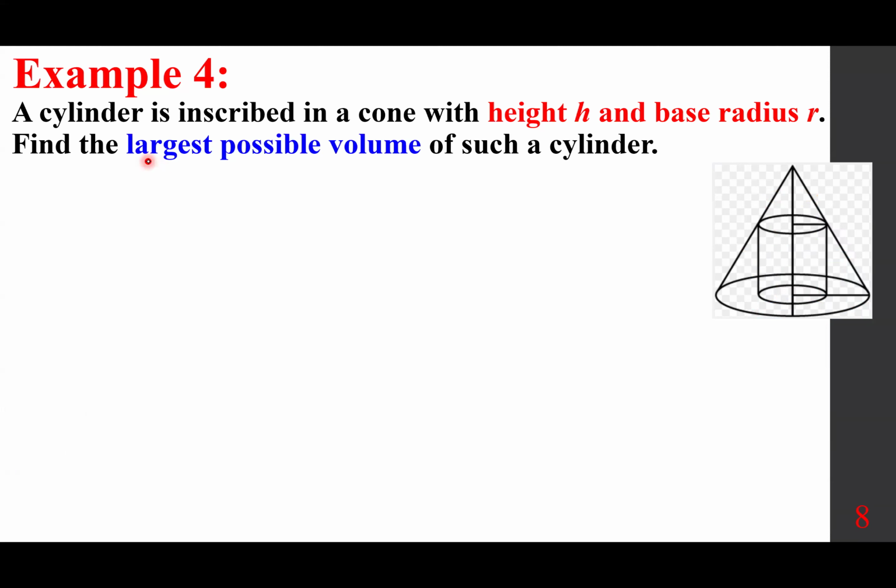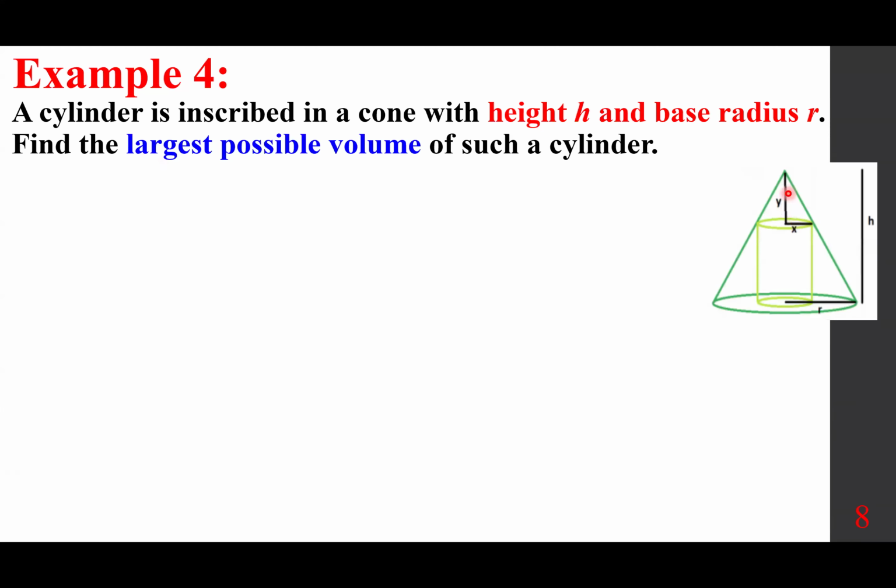So let's define our variables. We are going to say this piece is y, this piece is x, this is r and h. R and h are fixed. This distance is the radius of the cylindrical shape, and this is the height of the cylindrical shape.